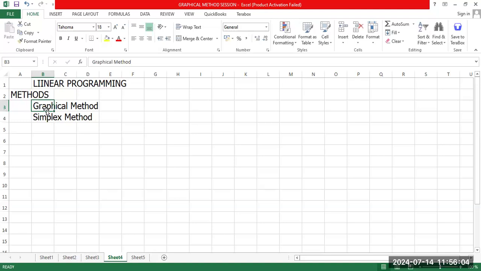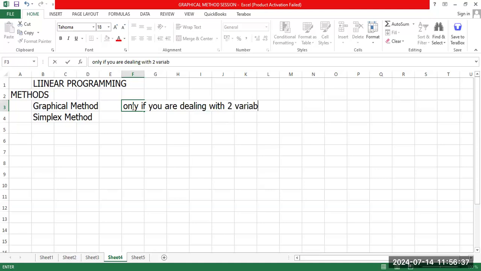When do you use the graphical method? You use the graphical method only and only if you're dealing with two variables. For example, you have x and y as your variables.